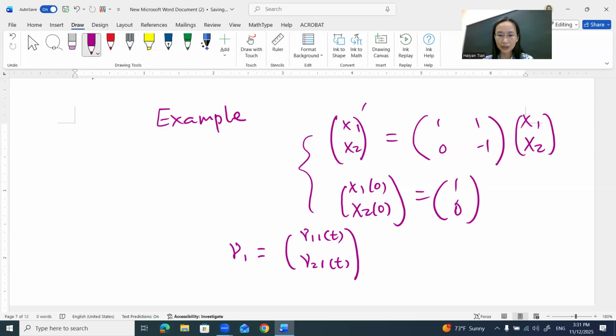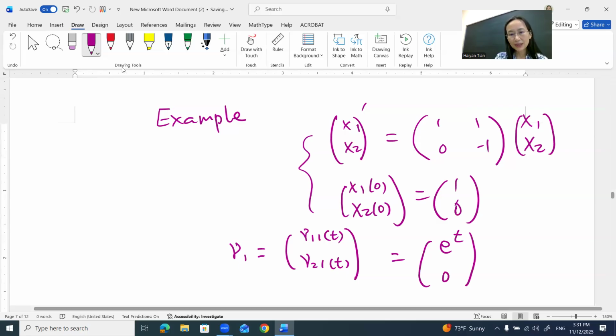And this solution is actually possible to find if you just try. You will find it to be e to the t, 0.